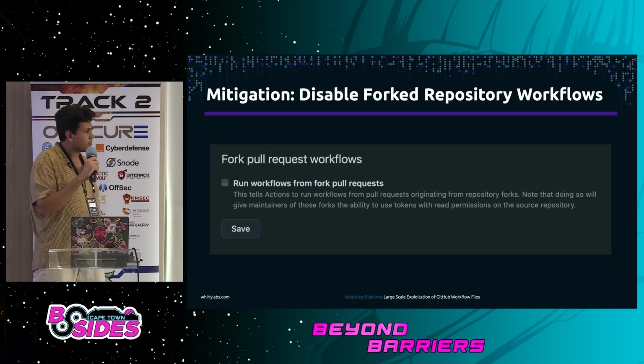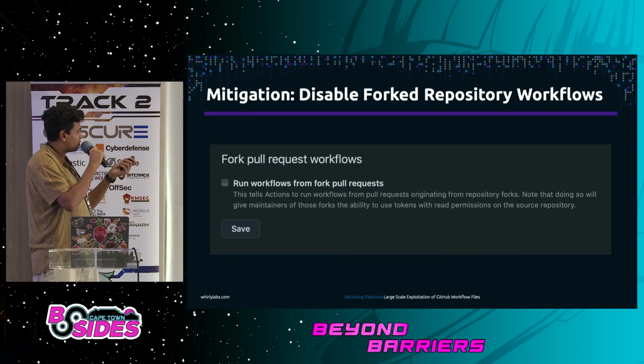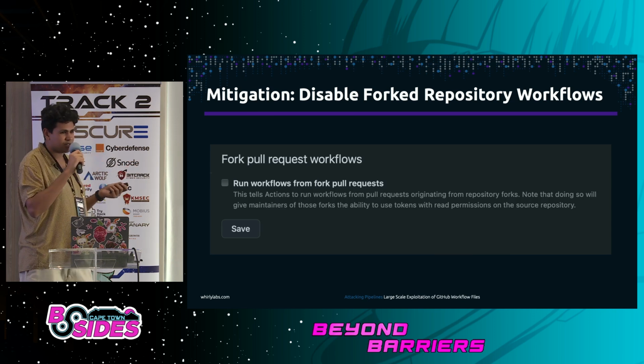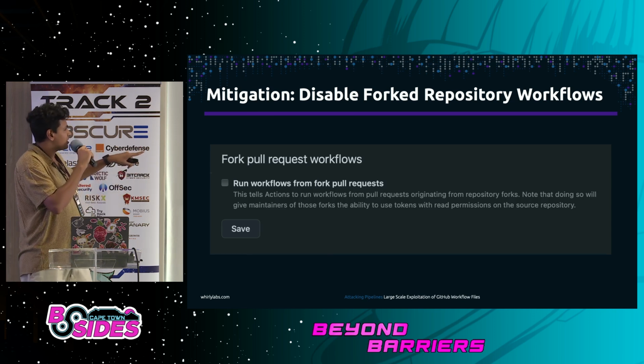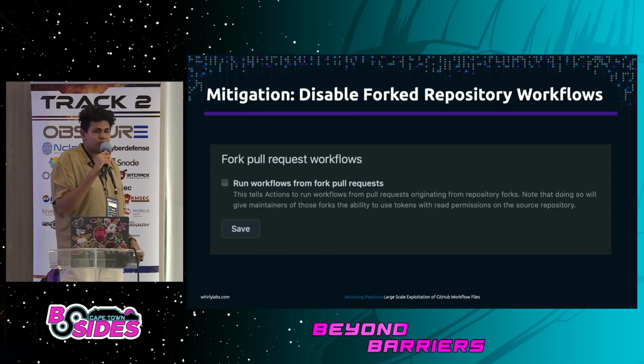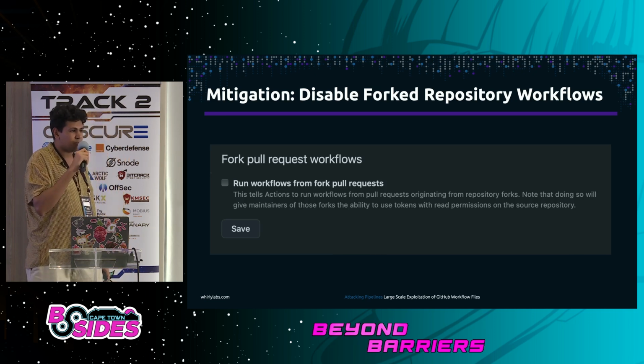And also, this is quite a dangerous one here. If you have this checkbox checked, you should probably go into your GitHub repo and change it right now during this talk. This basically means that if somebody forks your repo, if your repo is public, any actions running on the forked repos can affect the base repo.